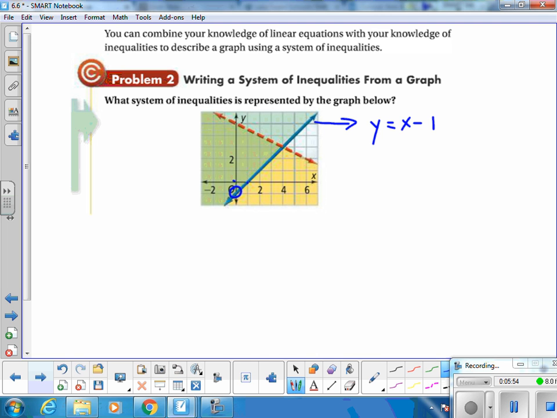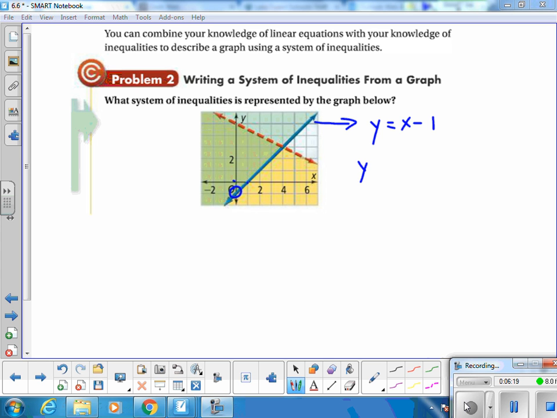Now I can see that it is a solid line in this particular case, so I know that it's going to be equal to, which is true here, and I just need to determine if it is, let's look at if 0, 0 is a true statement on this one, or if it is not.